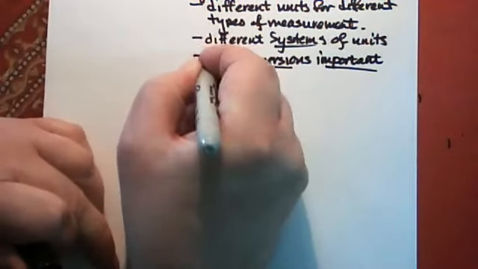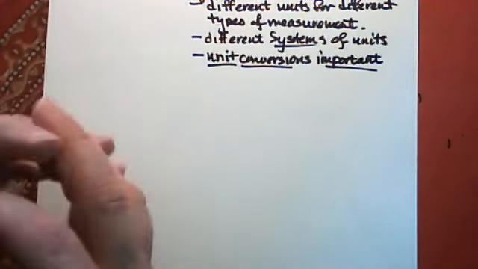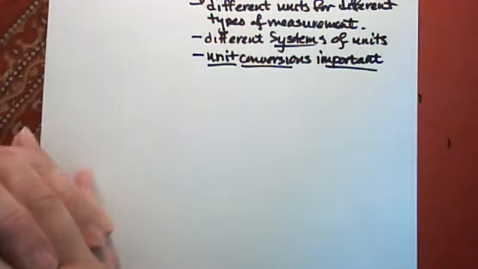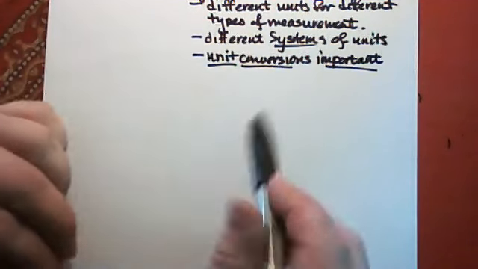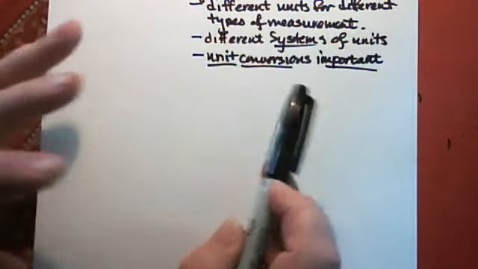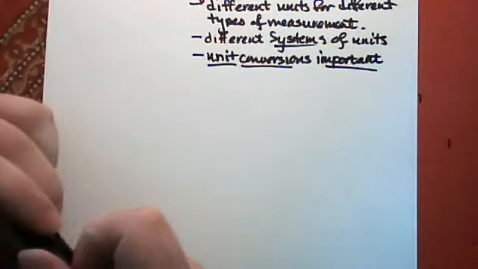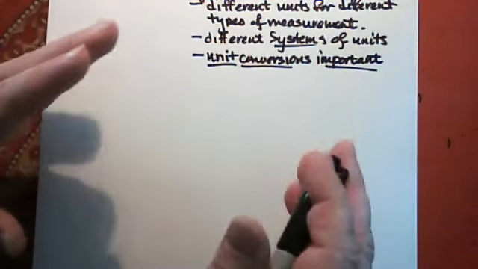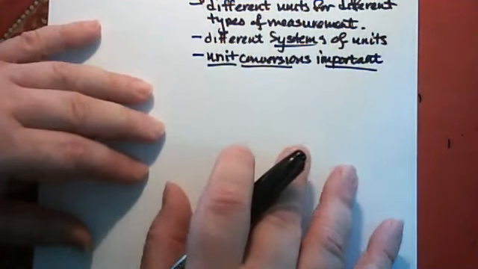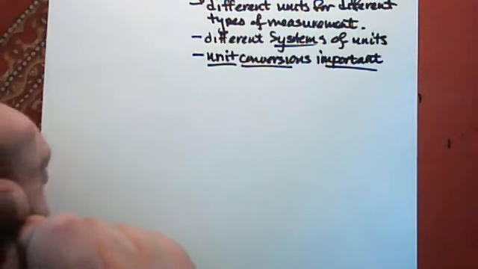Even within the metric system, even if everybody around is using the metric system, knowing how to do unit conversions is very important because when we're dealing with science, there's a certain subset of units of the metric system, which we'll get into in more detail in a few minutes. There are certain units within the metric system that are considered kind of the official units to use for things like equations and doing calculations.